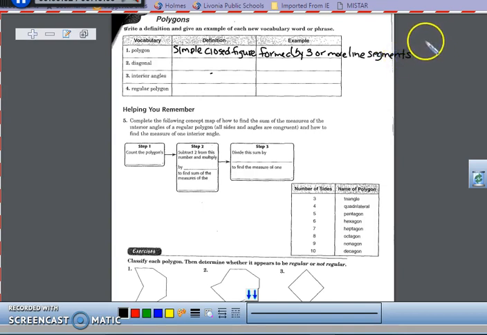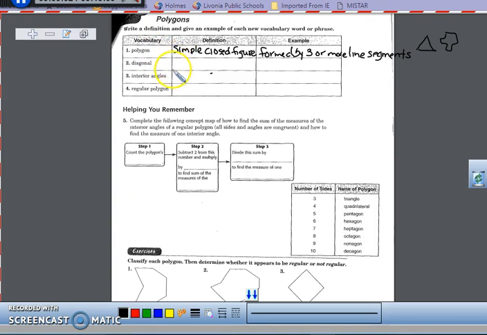Okay, so that could be as simple as a triangle, or you could have some goofy shape like this, and as long as it's all line segments, straight lines connected, and it's closed, it is a polygon.